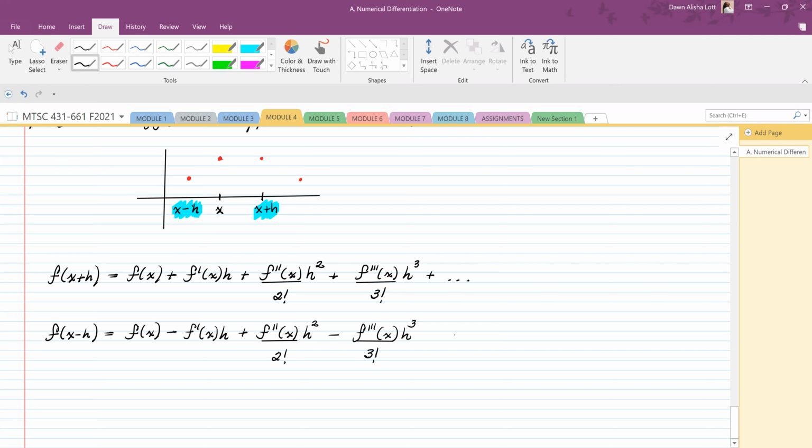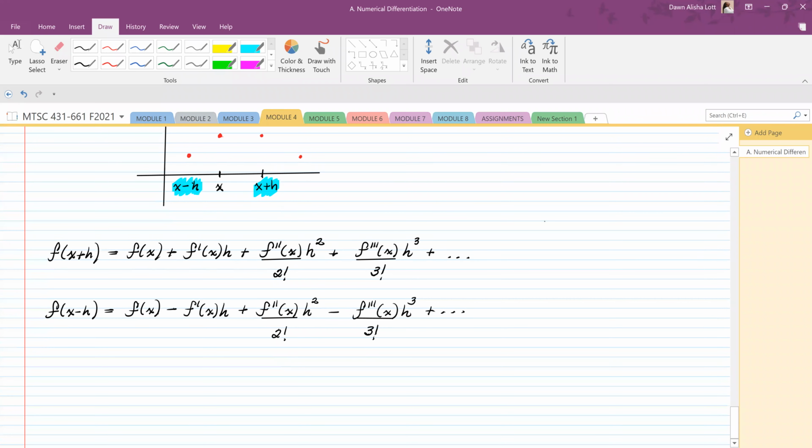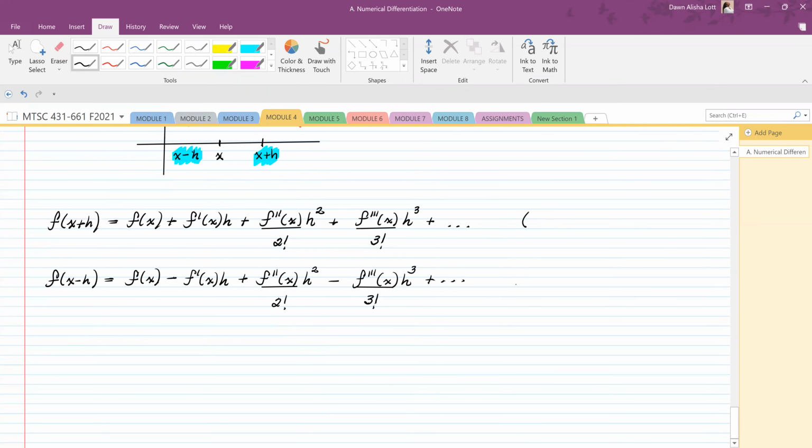And that continues on forever. So this is now equation 3, and this is now equation 4. And what I need to do is take equation 3 minus equation 4.